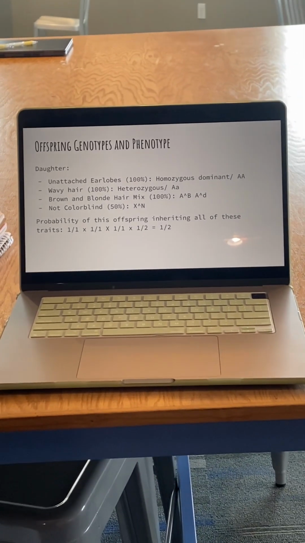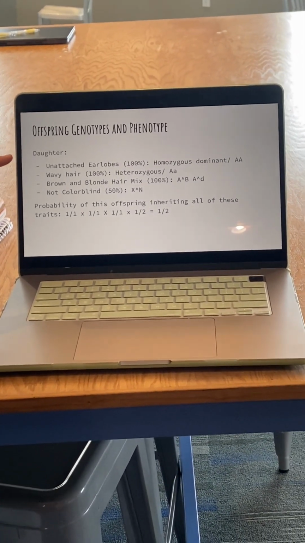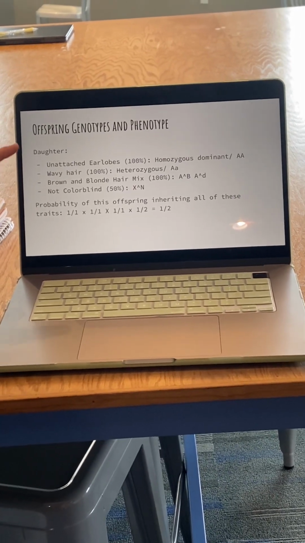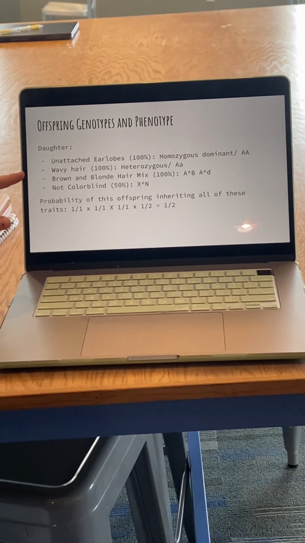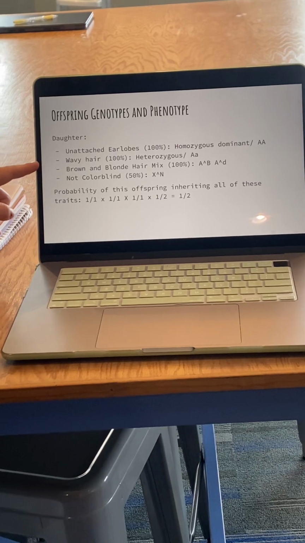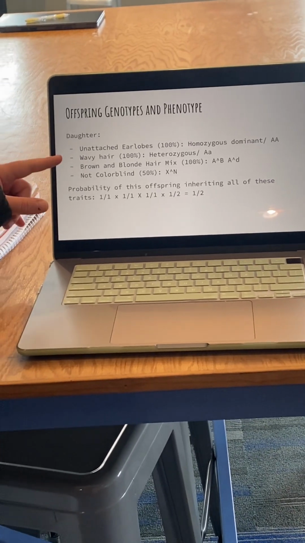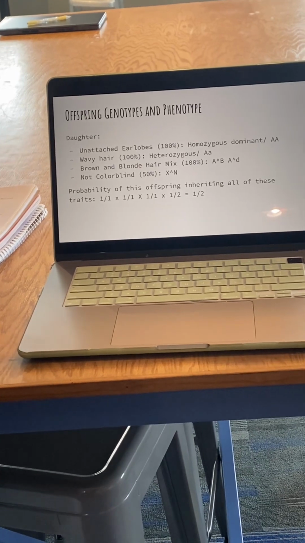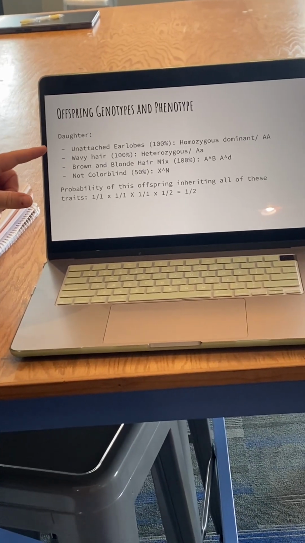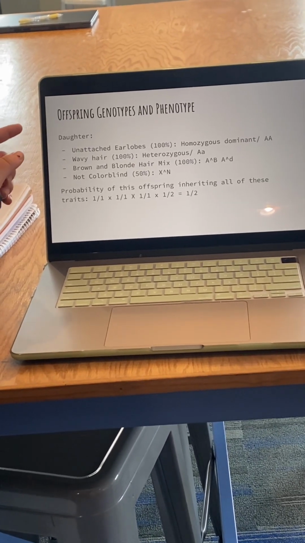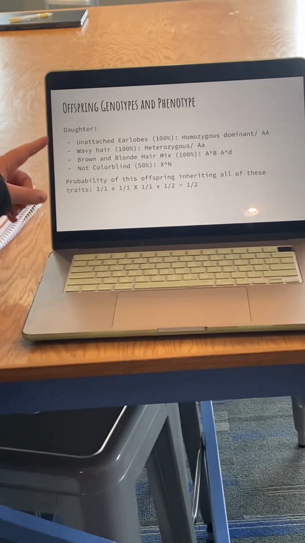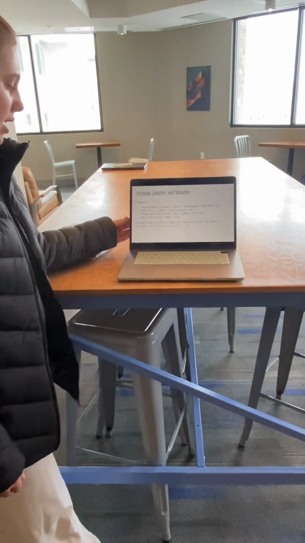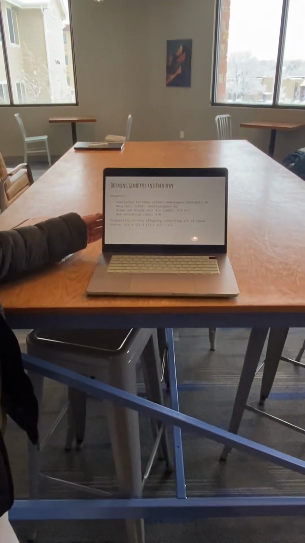All right, so for the next offspring, this is the daughter. She also, like her brother, has unattached earlobes with the homozygous dominant trait. That was 100% probability. She also has wavy hair with the heterozygous trait, 100% probability. Also, like her brother, she has brown and blonde hair, 100% probability because of the parents' hair color and the codominant trait. This would be big A, big B, big A, little d. And then she is not colorblind.